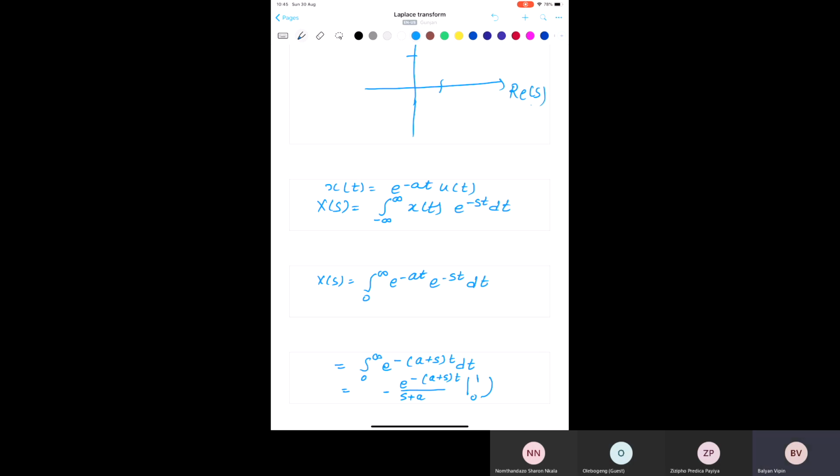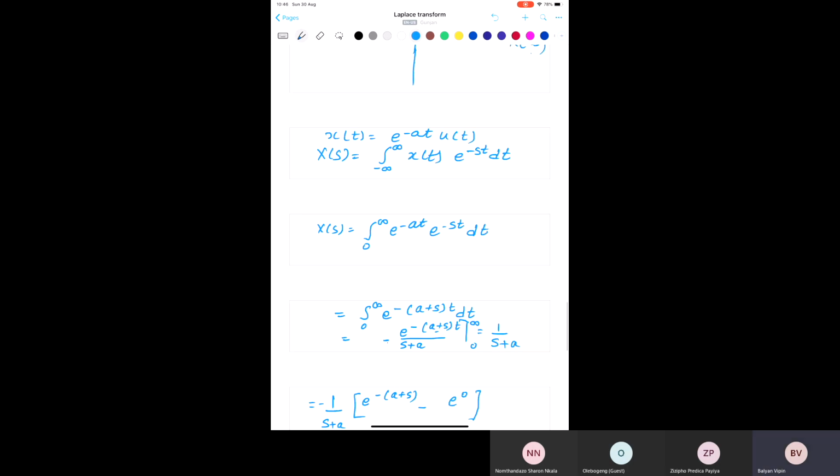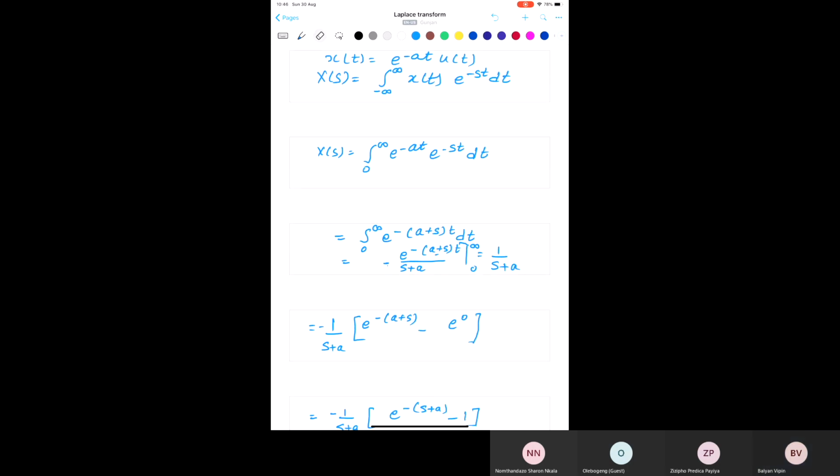When you put infinity in place of t here, it will be equal to 0. When you put 0, it becomes 1, and there is a negative sign, so it will be 1 upon s plus a. So 1 upon s plus a remains.